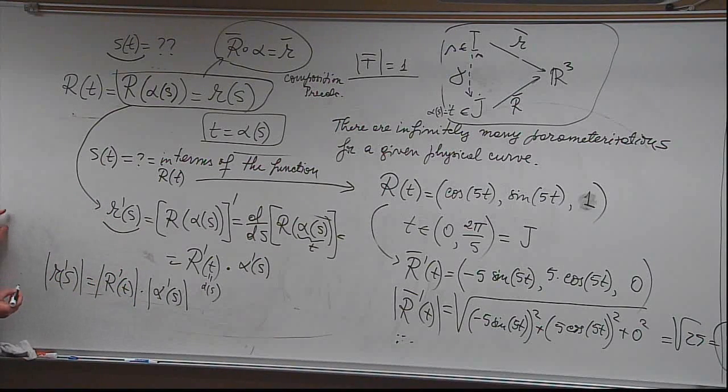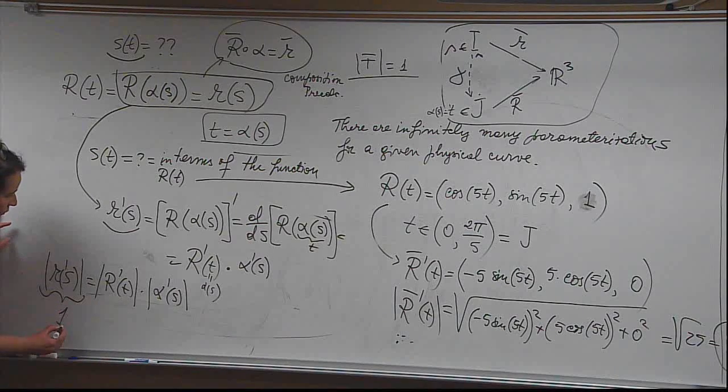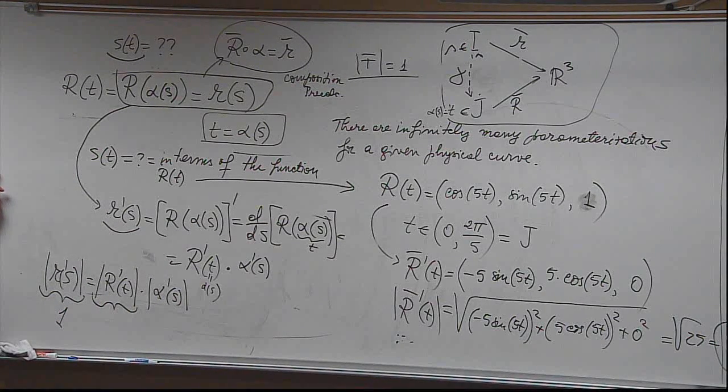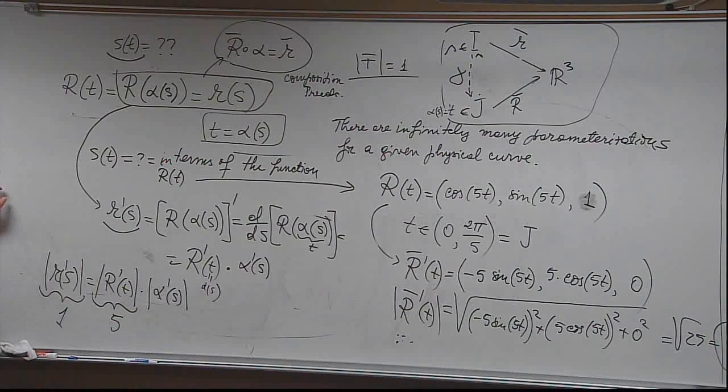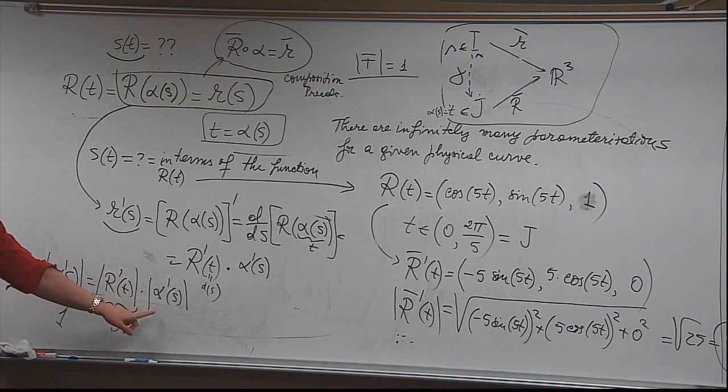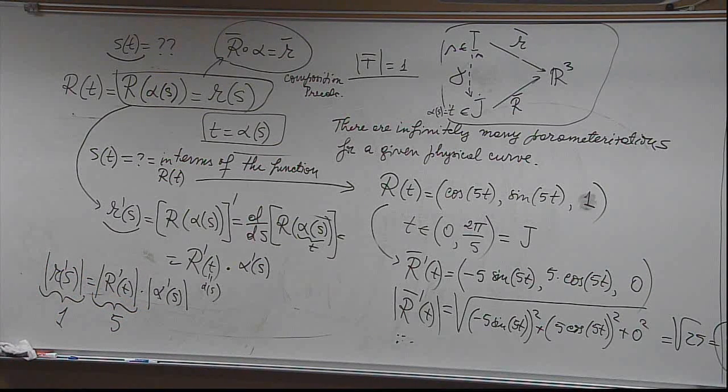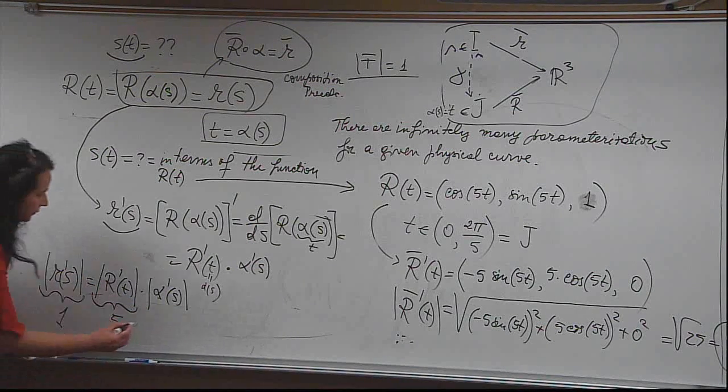Who is r prime of s? This was my original function in arc length, and that's the speed in arc length. What was the speed in arc length? 1. And what is the speed not in arc length? In that case, this is going to be 5. And so what is this alpha prime of s guy? It's going to be 1/5.